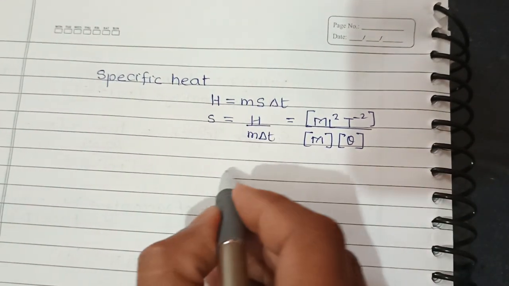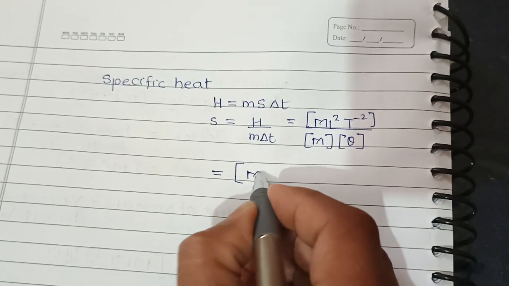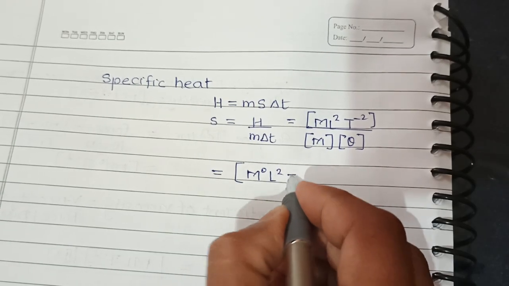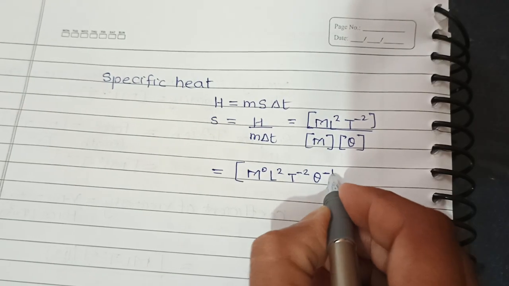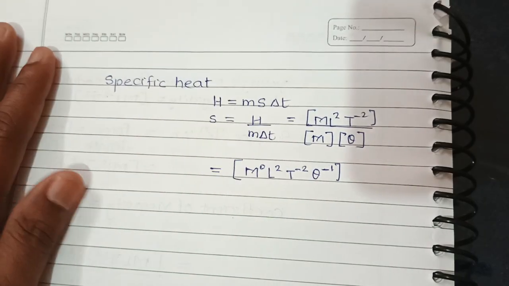Okay, so that is m naught L square T minus 2 theta to power minus 1. This is a dimension of specific heat.